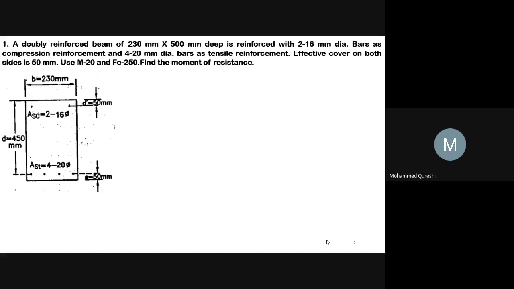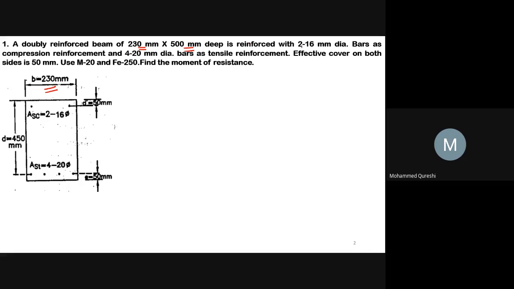So, in this example, it is given that a doubly reinforced beam of 230 into 500 mm deep, that is, width is given as 230 mm and overall depth is given as 500 mm.